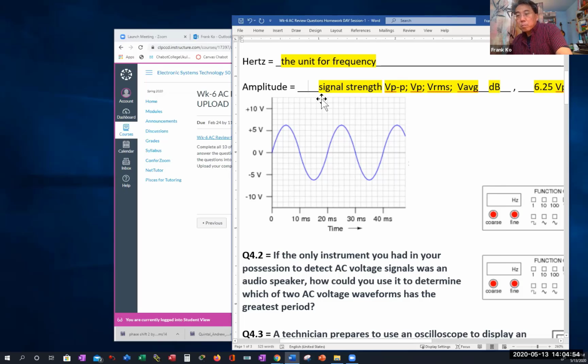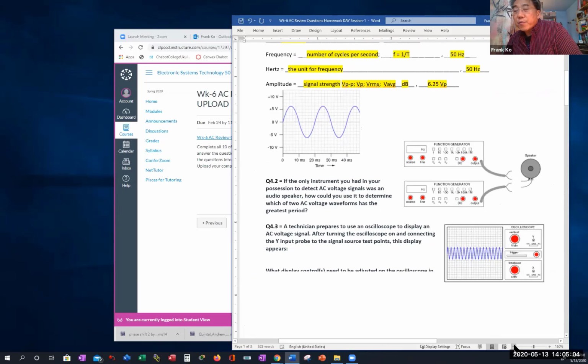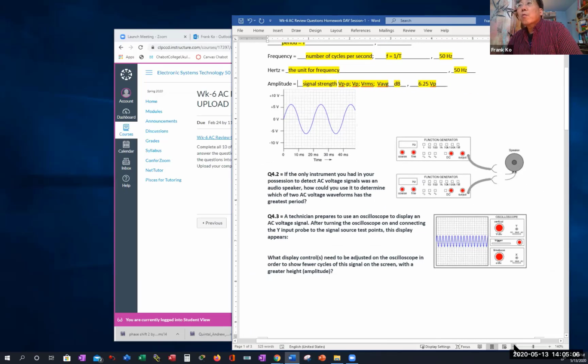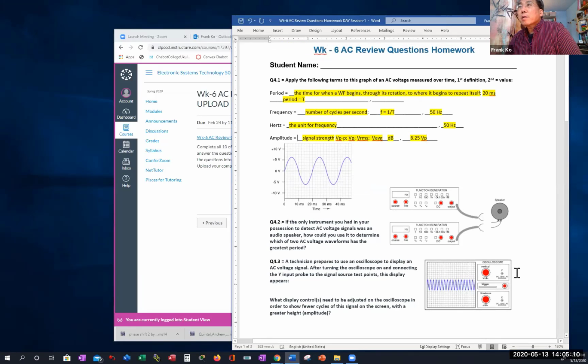All right. I think we've exhausted all the answers that are needed for question 4.1. Now let us take a look at question 4.2. As you take a look at question 4.2, let me go ahead and do a file save here.